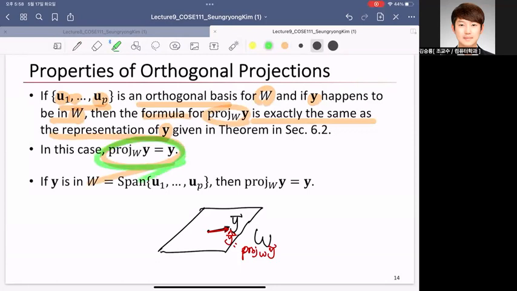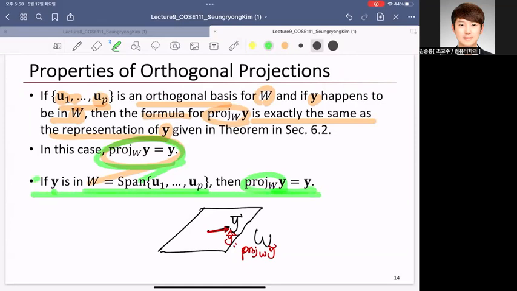In this case, if y is in W spanned by u1, u2, and up, then the projection of y onto W is equal to y. That's it.